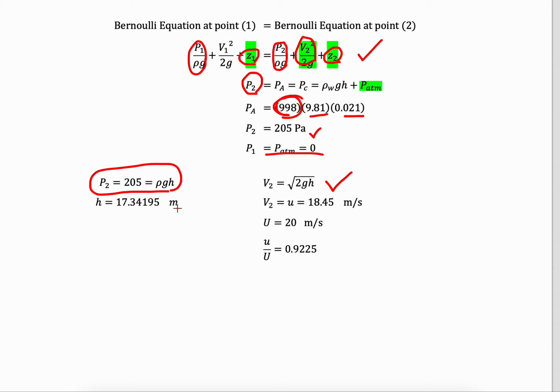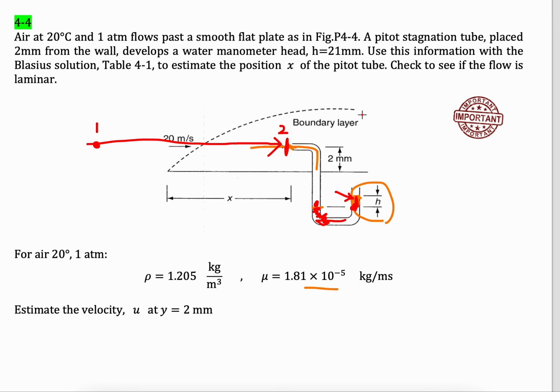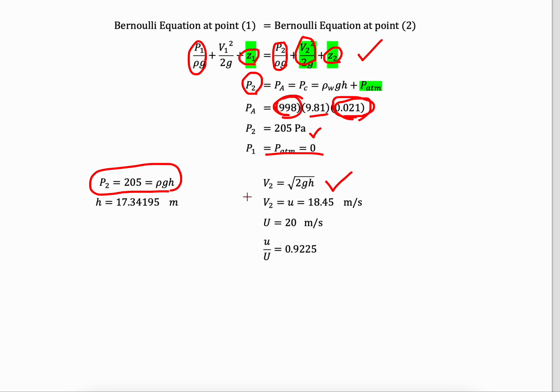However, we cannot use the height of 21 millimeter here, because this 21 millimeter is measured using water inside this tube. We need to change the perspective by using air. It is very simple.